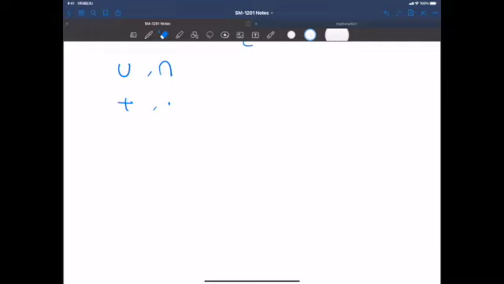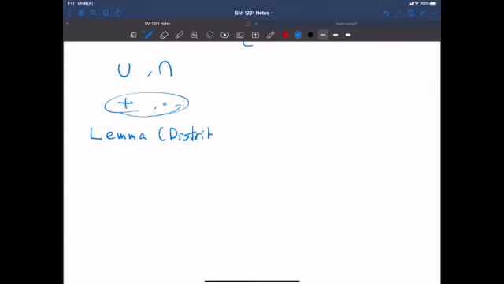And there is a law called distributive law that combines addition and multiplication in case of numbers. And we have similar laws for sets. So here's another lemma called distributive laws.